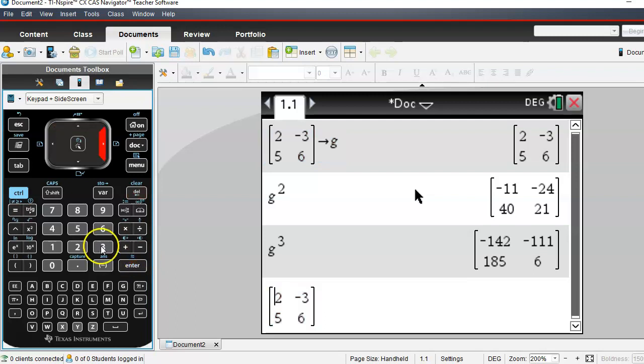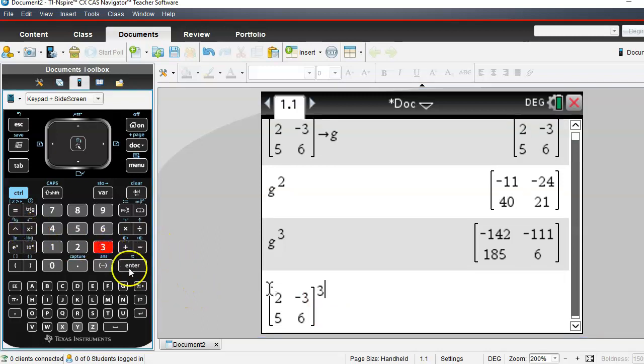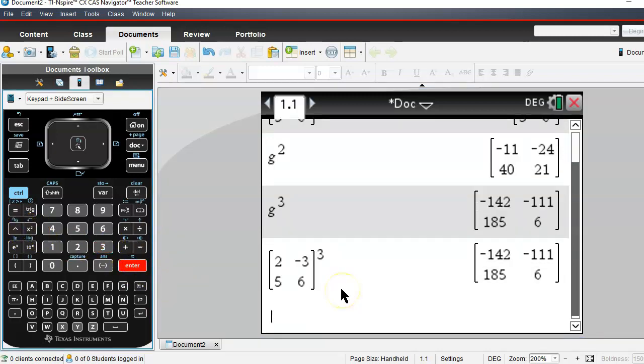So G cubed is negative 142, 185, negative 111, 6.